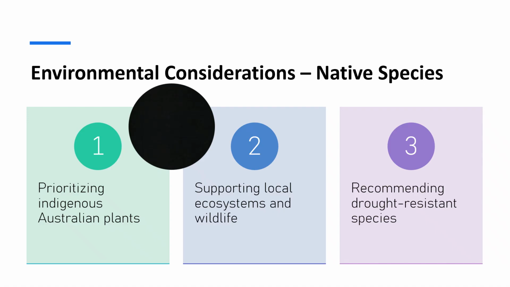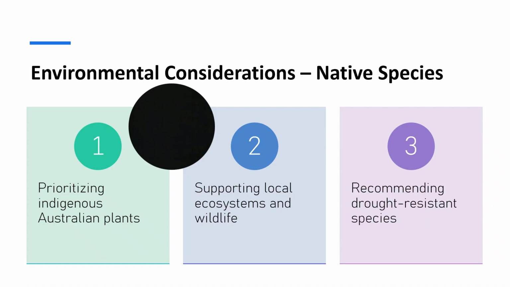Environmental consideration about native species of trees and plants that are allowed by the Victorian Government Department of Education. So we need to prioritize, this is in green, prioritizing indigenous Australian plants that will be automatically accepted by the Victorian Government Department of Education.